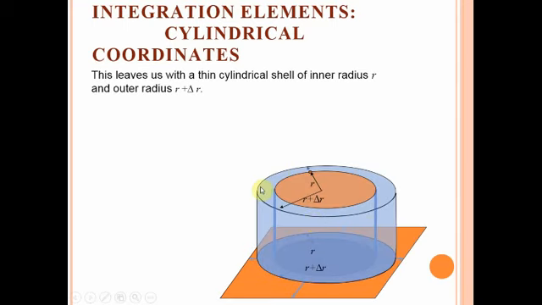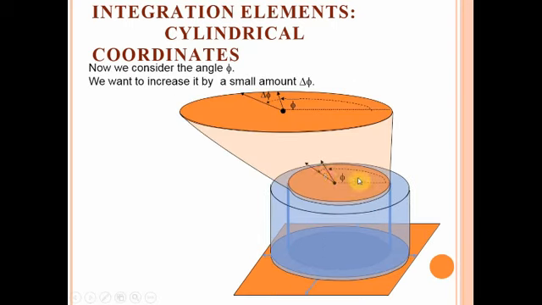So we can create a cylindrical shell with inner radius r and outer radius r plus delta r, and inside that there is a rotation. If we rotate the element from phi to phi plus delta phi, then delta phi is the incremental value.